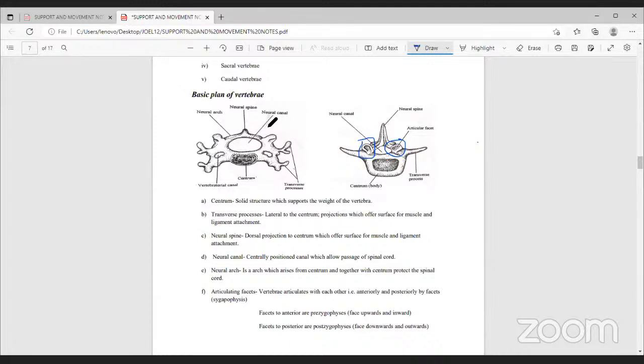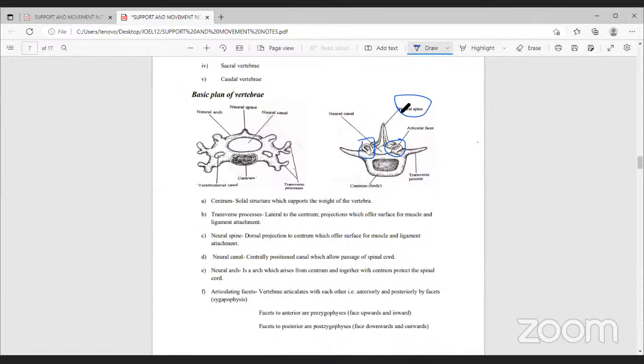The spine and the spinal cord. Oh, okay, I got you. This is Treasure's question. The spine, this projection here, if you can see where I'm pointing, is coming from one of the parts that make up the vertebrae. That is the neurospine.